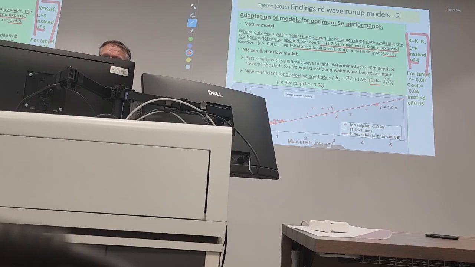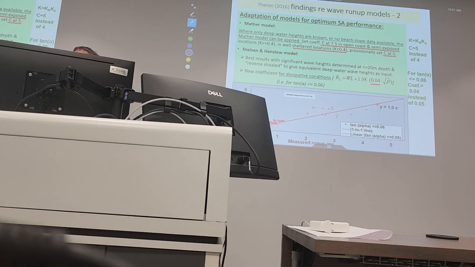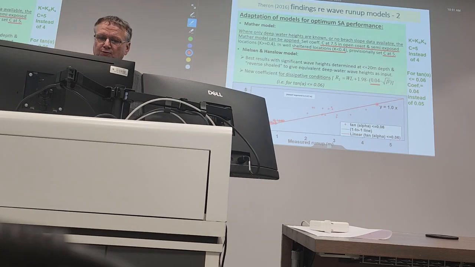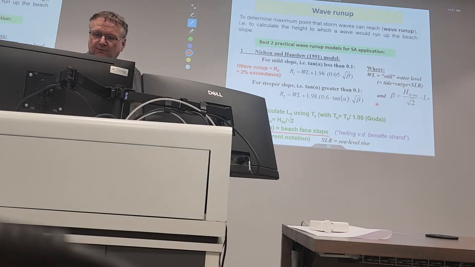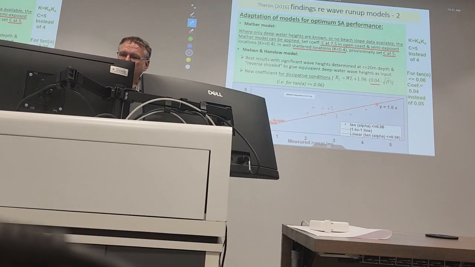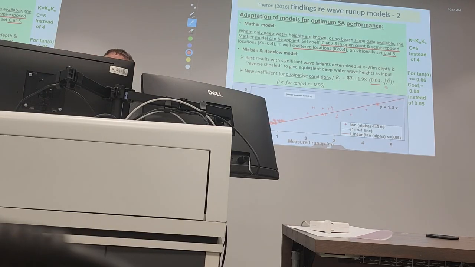If our K value is bigger than 0.4, then we can use the C of 7.5. Otherwise, if it's less than 0.4, we can just use that 4. And then also the Nielsen-Hanslow, you'll see this one was 0.05. You can also change that to 0.04.